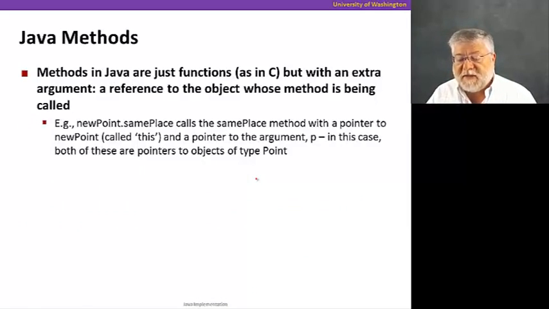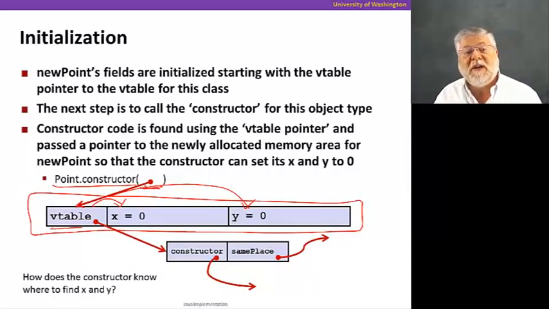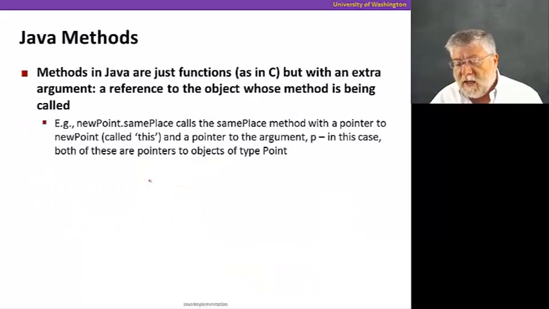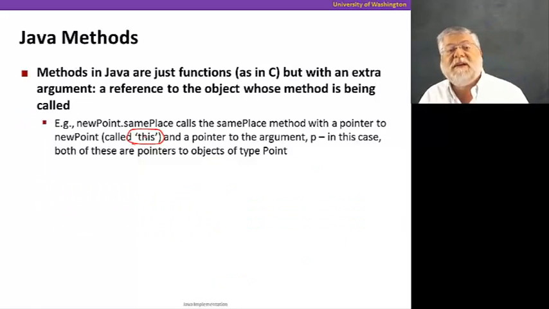Well, methods in Java are just functions, as in C, but as you've noticed from the previous slide, there's an argument that's implicit. Although we had defined the constructor without any arguments, we did give it an argument, which was the newly allocated space in memory. This pointer is always referred to by the name this in Java.